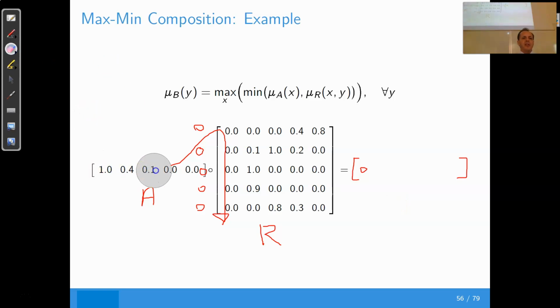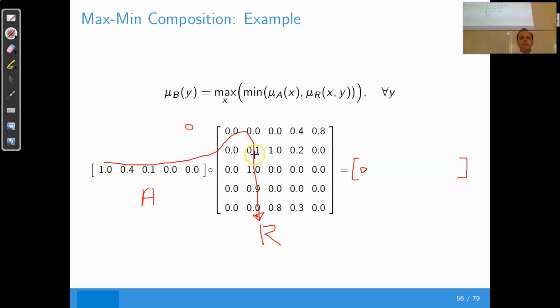Let's try with the second element, and then you can see if you have learned the way of computing. Let's multiply with the second column. Again, the minimum between 1 and 0 is 0.